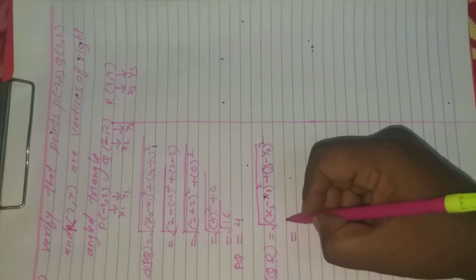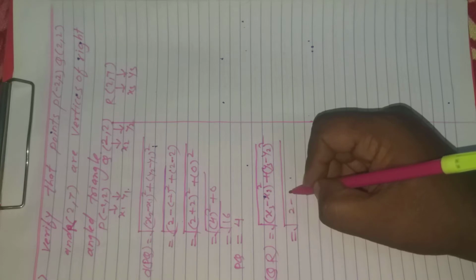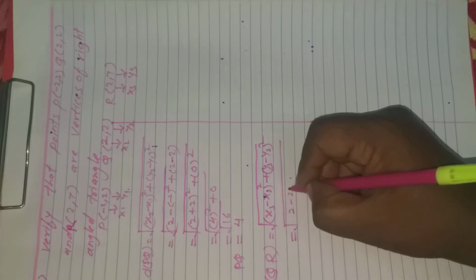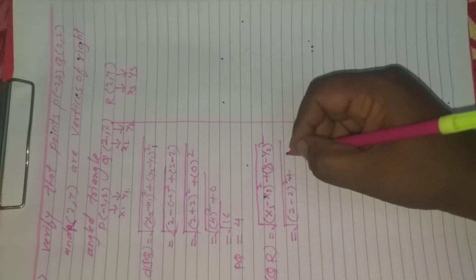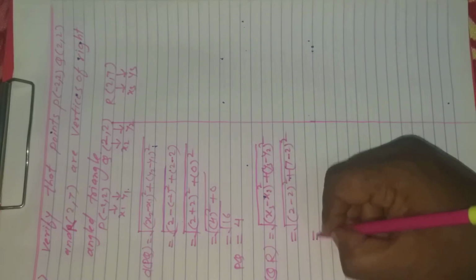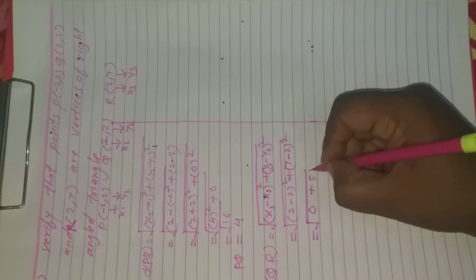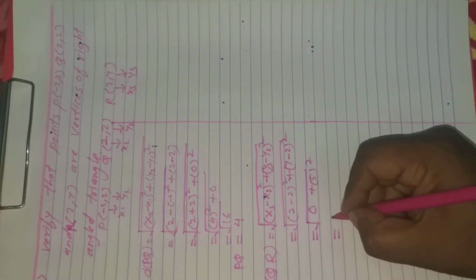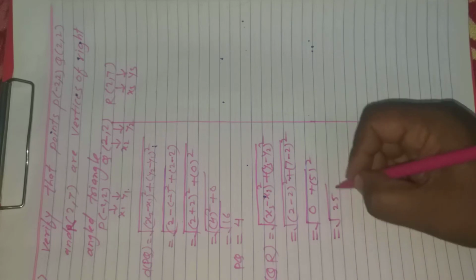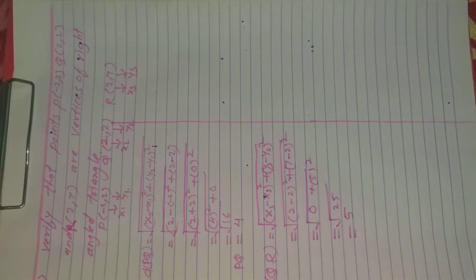Now x3 is what? 2 minus 2 square plus y3 is what? 7 minus 2 square. Now 2 minus 2 becomes 0 plus 5 square, that is under root 25. Under root 25 is nothing but 5. Square root of 25 is 5.